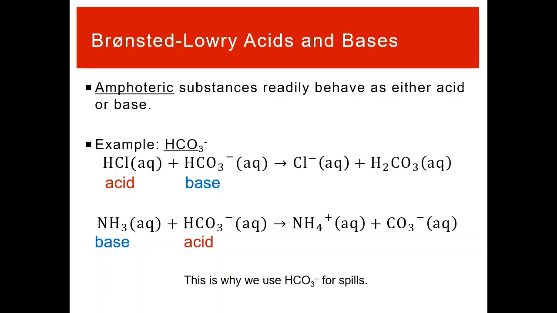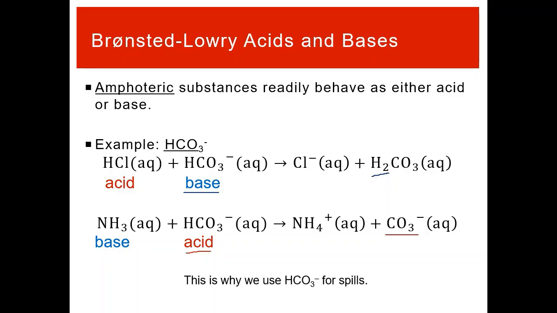Bicarbonate has a hydrogen in the front, like we associate with acids, but it also is an anion, which is a characteristic common among bases. So we could react HCO3⁻ as a base here, where it reacts with HCl. It takes on a hydrogen, becomes H2CO3. It could also function as an acid, where it donates away a hydrogen and becomes CO3²⁻.